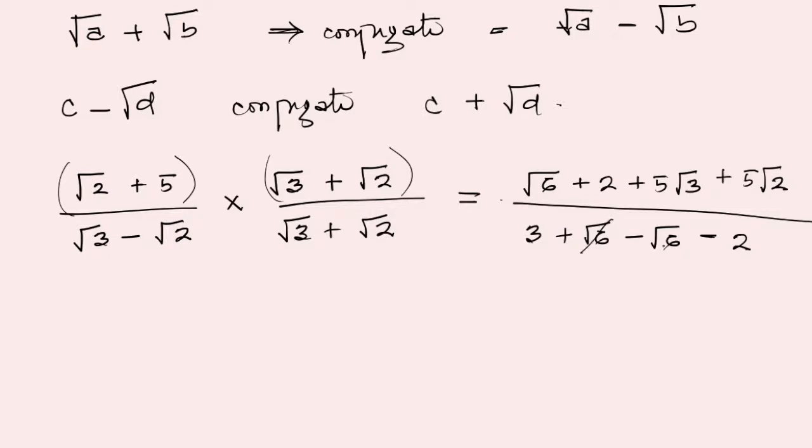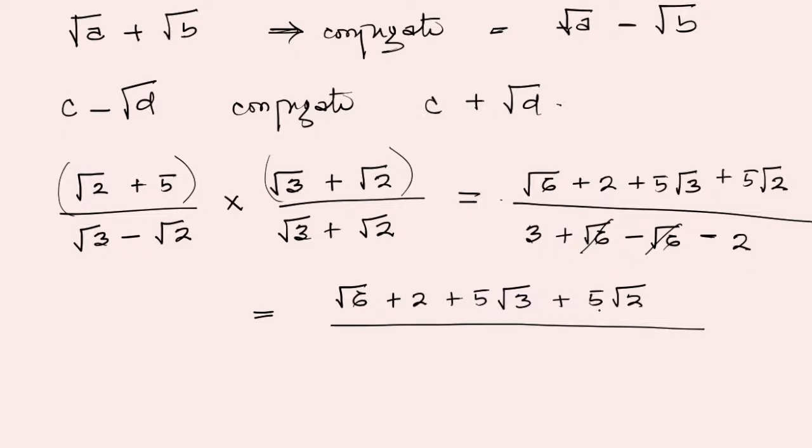So these can cancel out, and we can write our final expression as root 6 plus 2 plus 5 root 3 plus 5 root 2 all over 3 minus 2 is 1, and we don't need that actually, so our final expression is actually this.